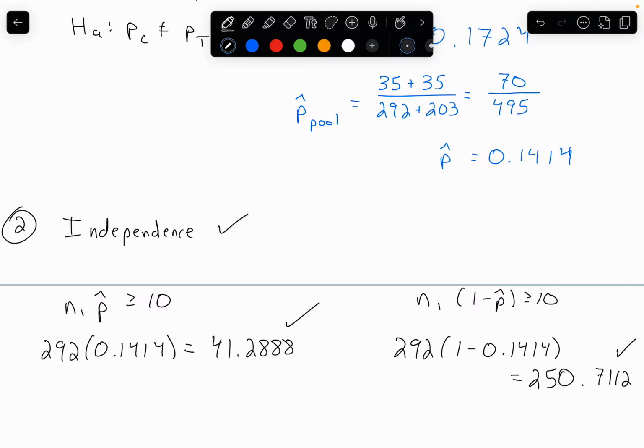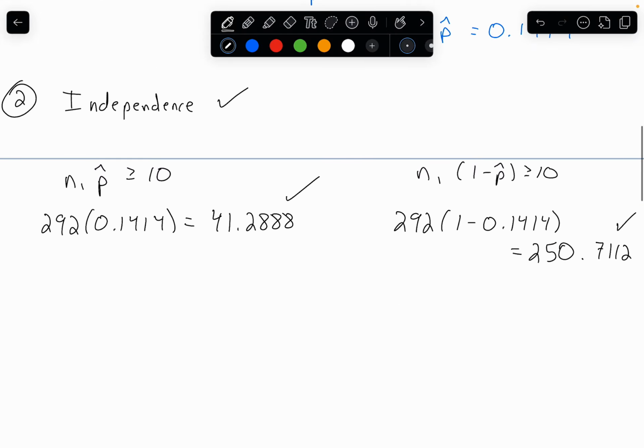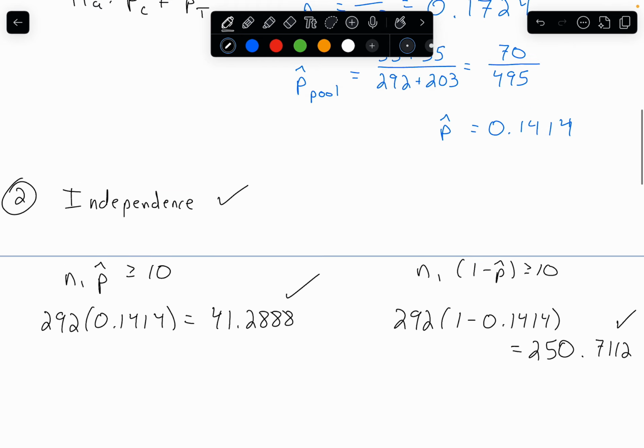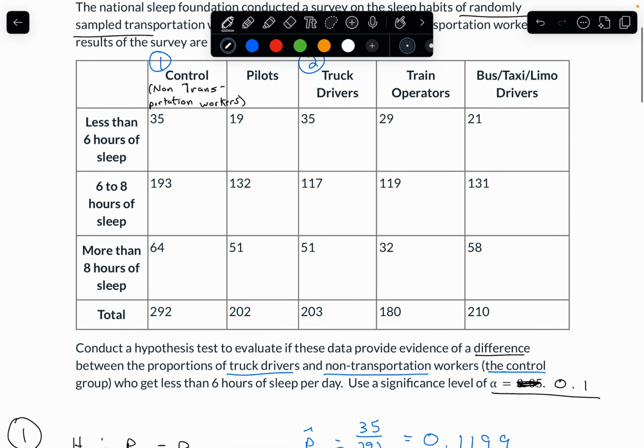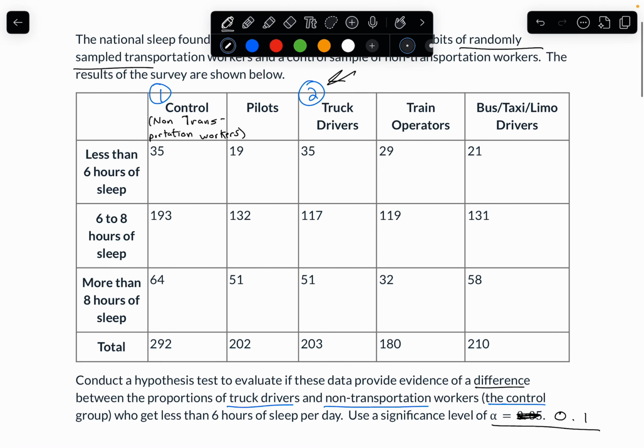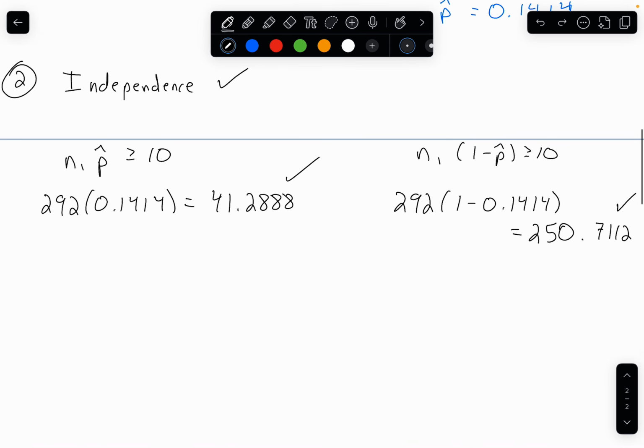So we've checked our success failure condition for the first sample, but of course now we have a second sample to consider. So I'm going to take my second sample size, which I've got to go back and look at. Our group 2 was the truck drivers, and our sample size there was 203. So our N2 is 203. So we want N2 times P hat.